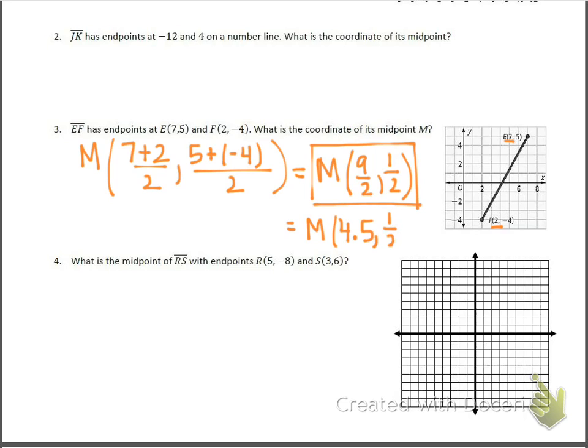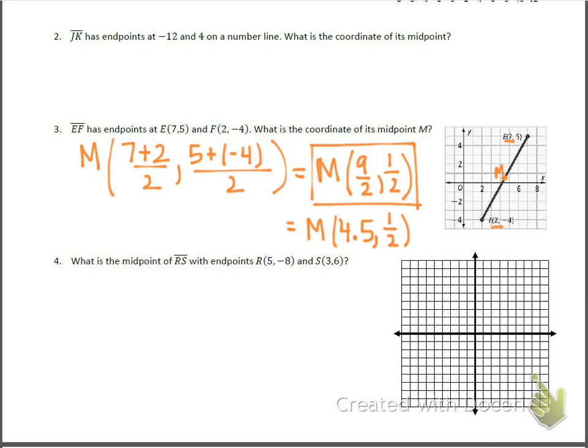But I really think 1/2, you could leave it as 1/2. So 4.5 would be 1, 2, 3, 4.5, up 1/2. So it would be right here. That's your midpoint. Okay, questions or concerns about the midpoint?